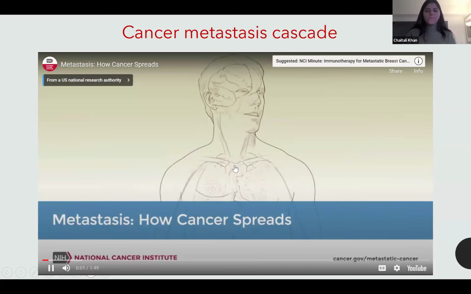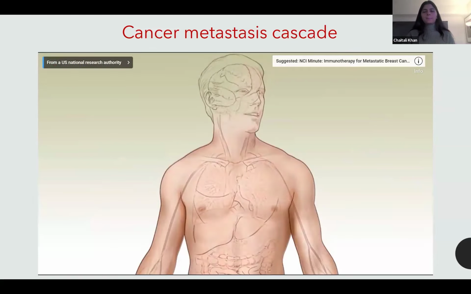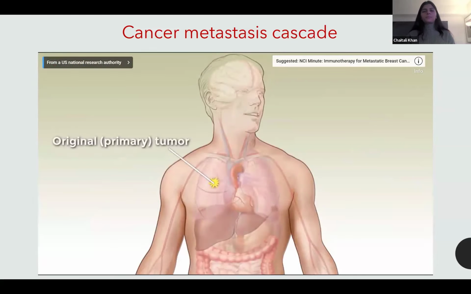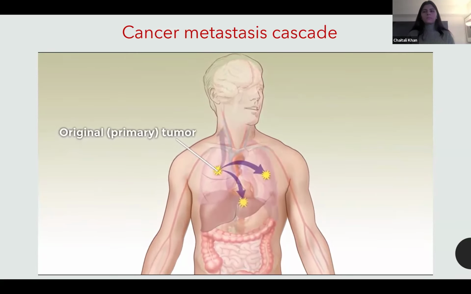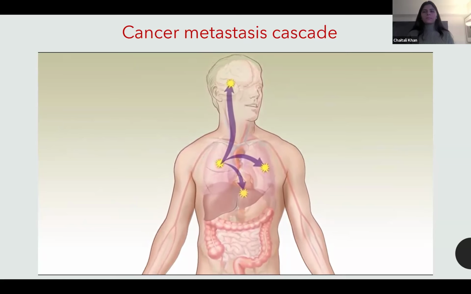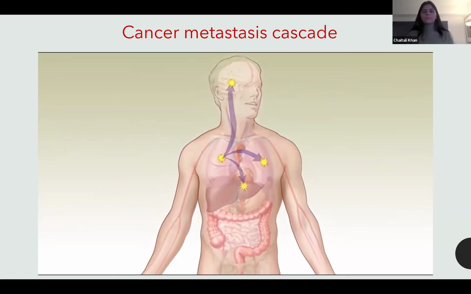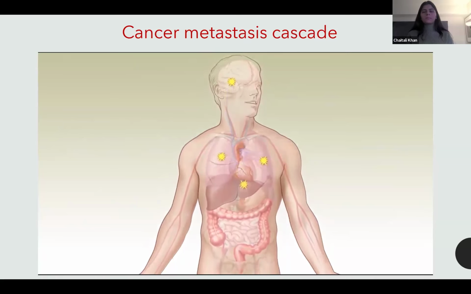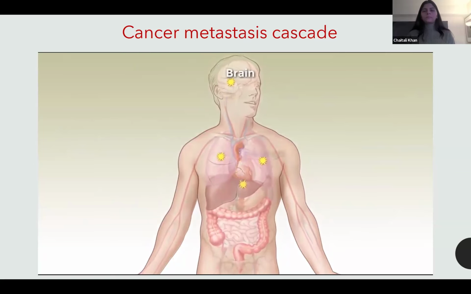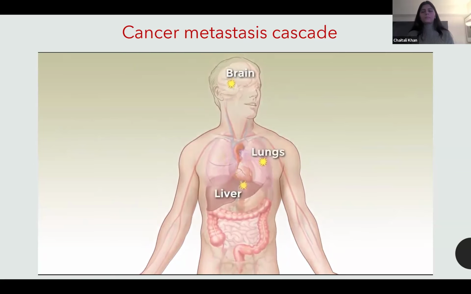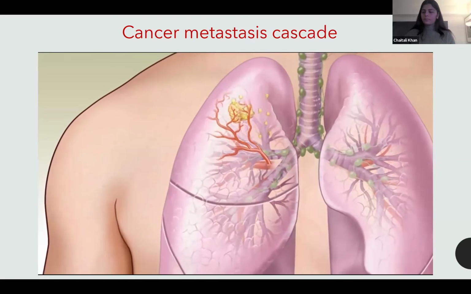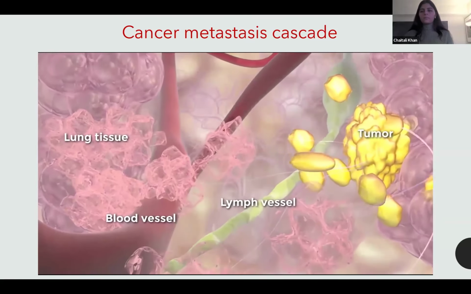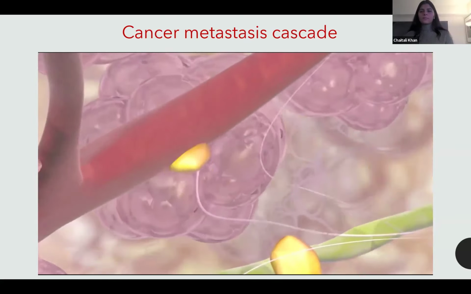Most cancer deaths are caused by metastatic cancer. Metastasis occurs when cancer cells break off the primary tumor. Some of those cells enter blood vessels.